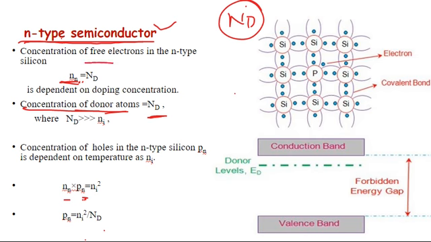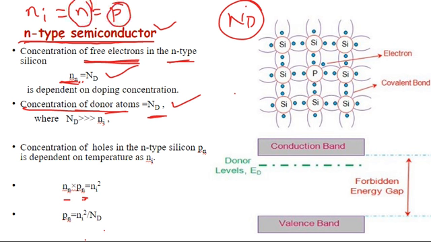So here the free electrons present in N-type are equal to the concentration of the donor atoms. So Nn is equal to Nd. Now, as discussed earlier in intrinsic semiconductor, the intrinsic carrier concentration Ni is equal to N is equal to P. But here N is greater than P because of the pentavalent impurities.